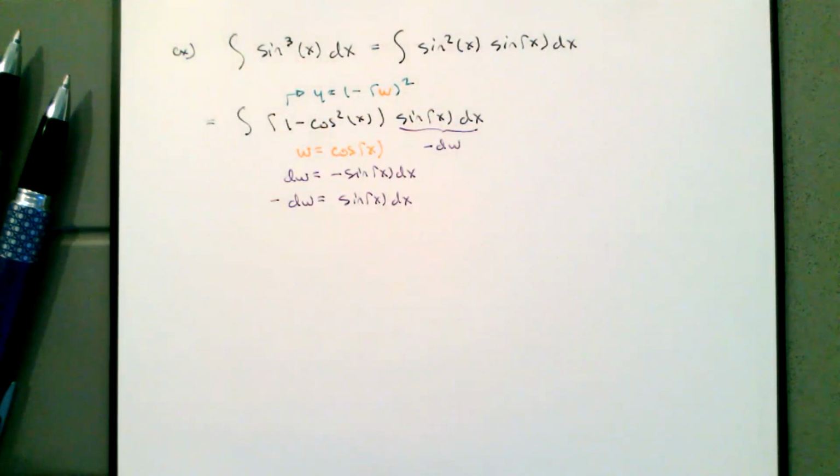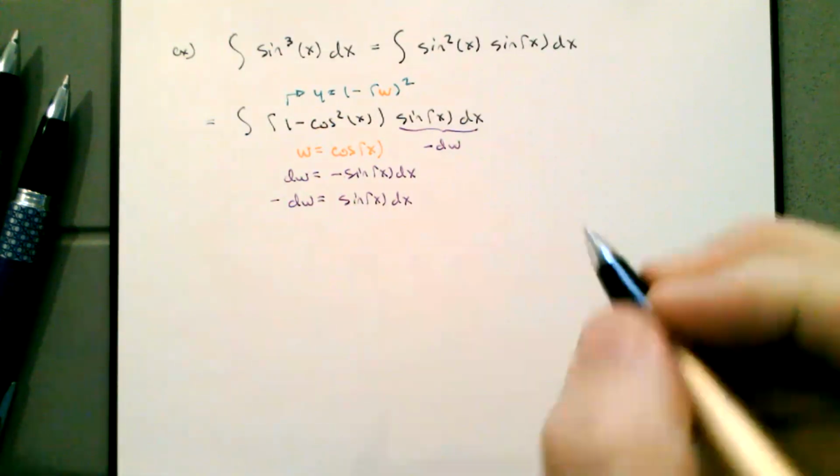So we had to come at this one sideways. We had to look at what was there, sine cubed of x dx, and think about what we need to make a substitution go. I need to have something to be the dw. Since everything's in terms of sine, I can save one factor of sine to be the dw, and replace the other two factors of sine with 1 minus cosine squared.